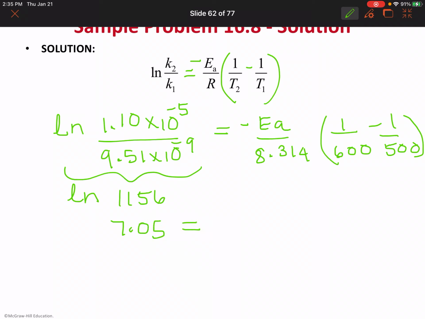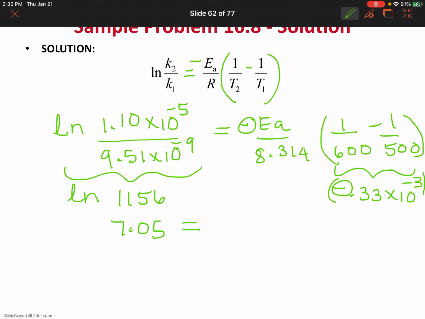Okay, from this side. And from the other side, when you get this part, you will get something like negative 0.33 times 10 to the negative 3, I believe. Okay, and then you divide this number by 8.314. So there are two negatives, this negative will get cancelled.